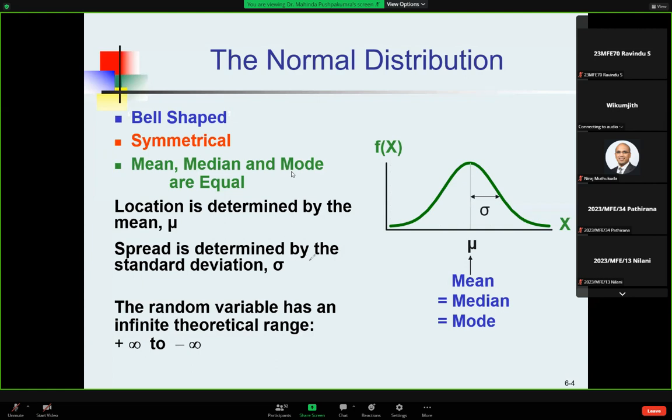Then the spread is determined by standard deviation. This is standard deviation. Then this is spread from here to here. Let's say if the standard deviation decreases, then what will happen to the curve? The spread may be like this.